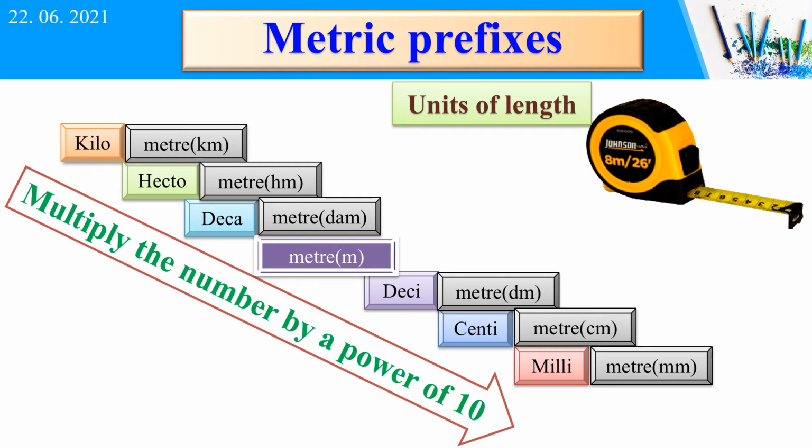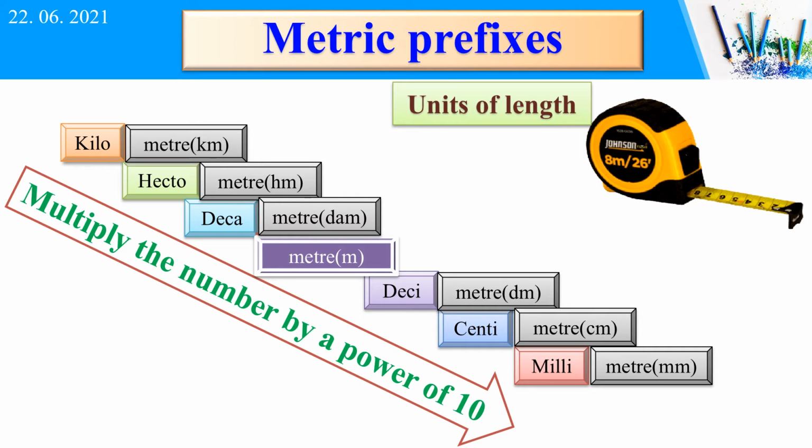So, you know very well that kilo is the topmost, which means the largest unit among these. Likewise, milli is the smallest unit among these. So if you want to convert a larger unit to a smaller unit, we have to multiply the number by a power of 10.